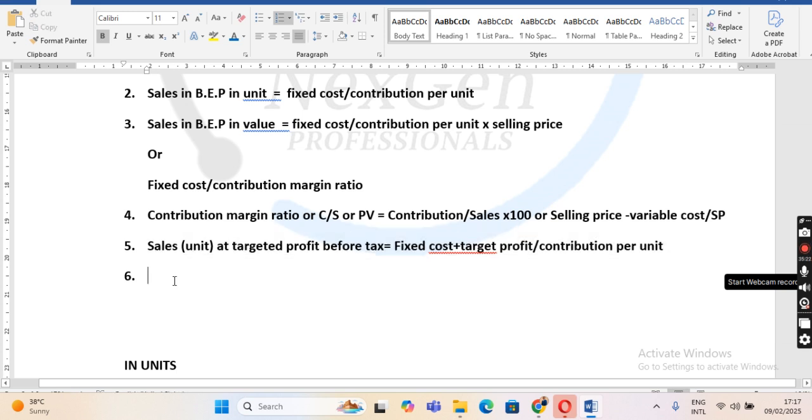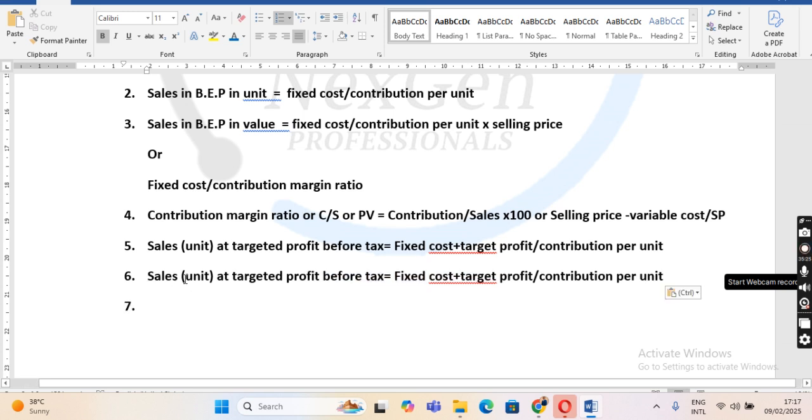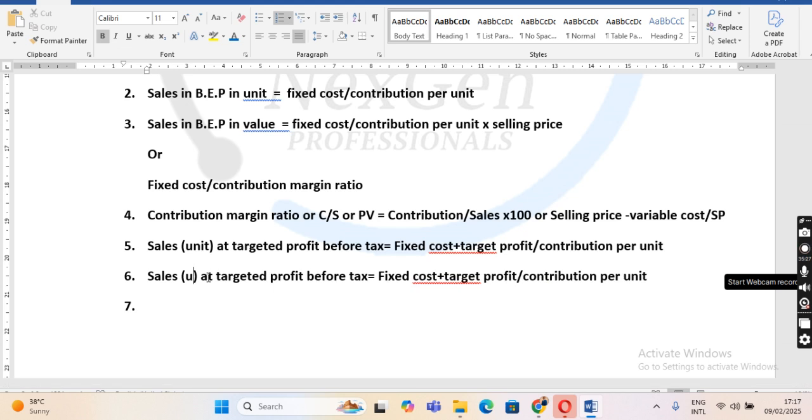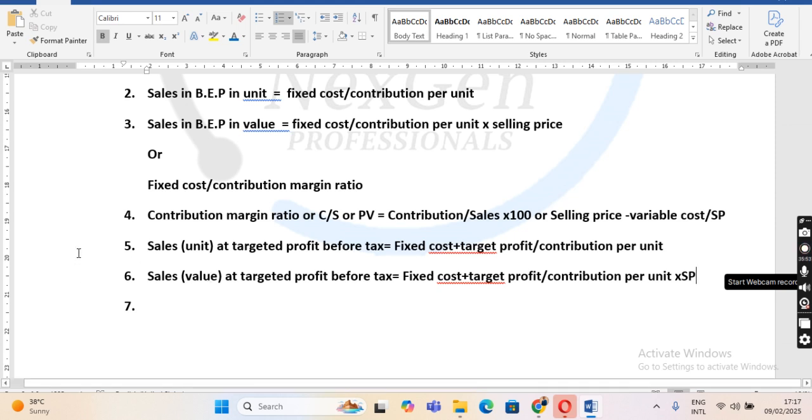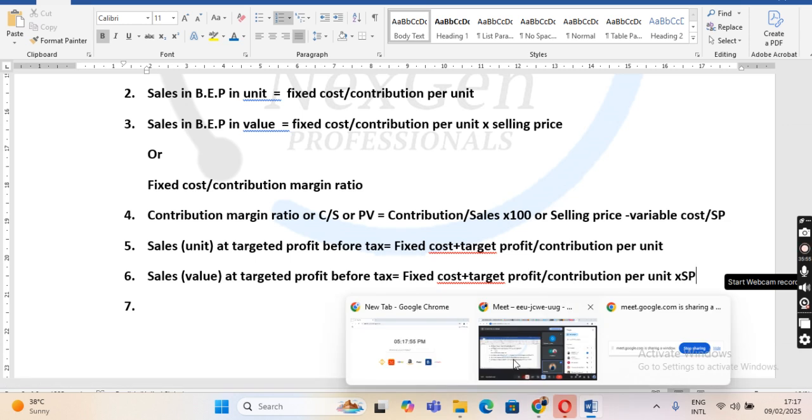You multiply it by the selling price: fixed cost plus targeted profit divided by contribution per unit, times SP. SP means selling price per unit, not senior prefect.